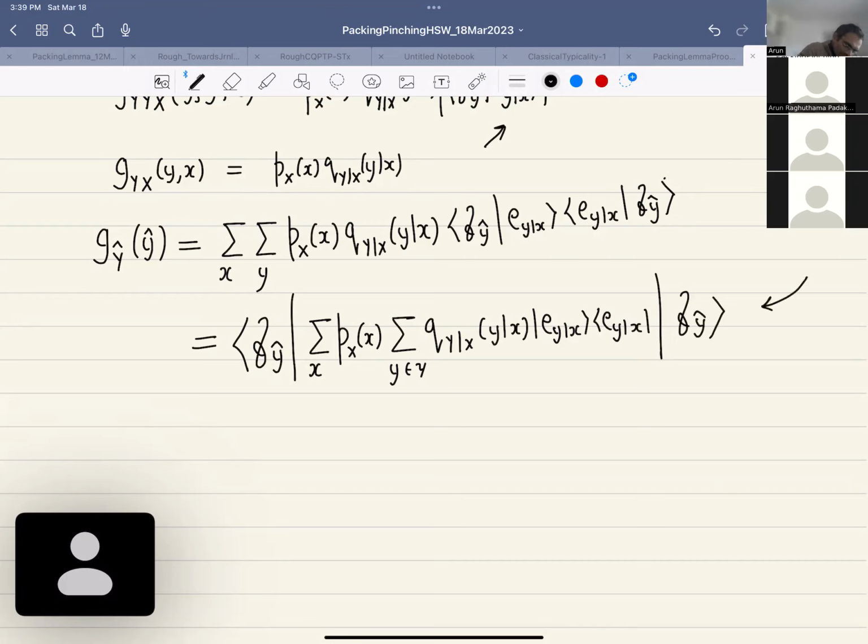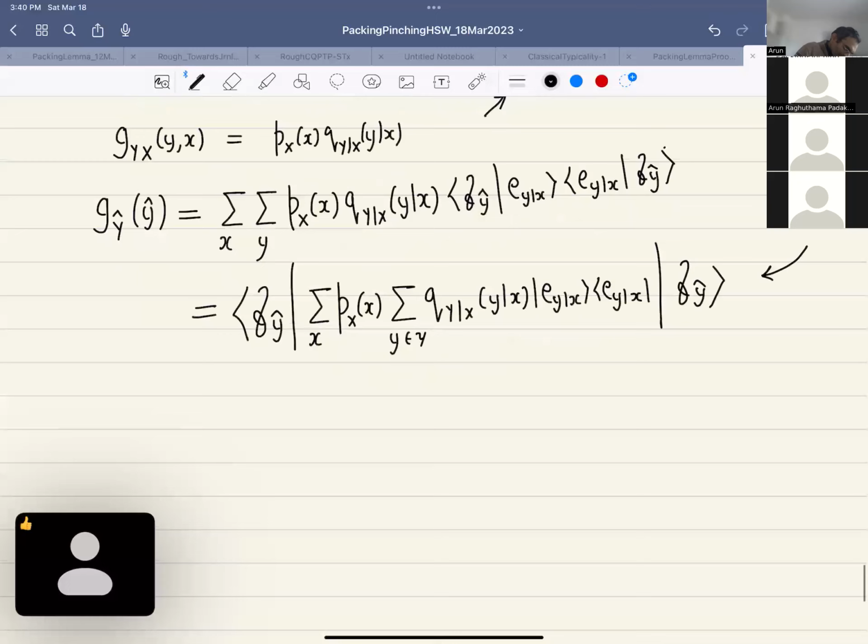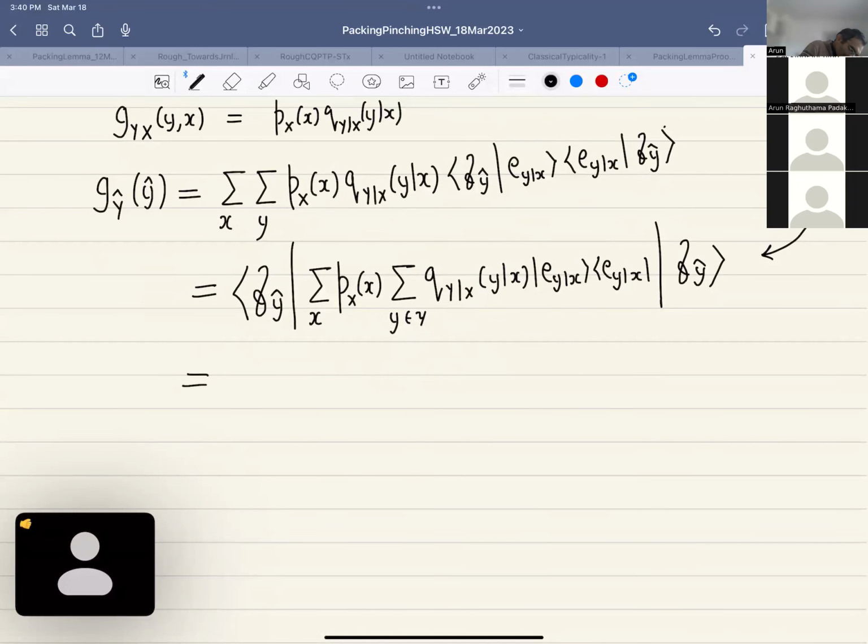If this step is okay, put a thumbs up. Okay. What is this guy? Rho of x. Yeah, so let's do it. Sum over x of Px of x.